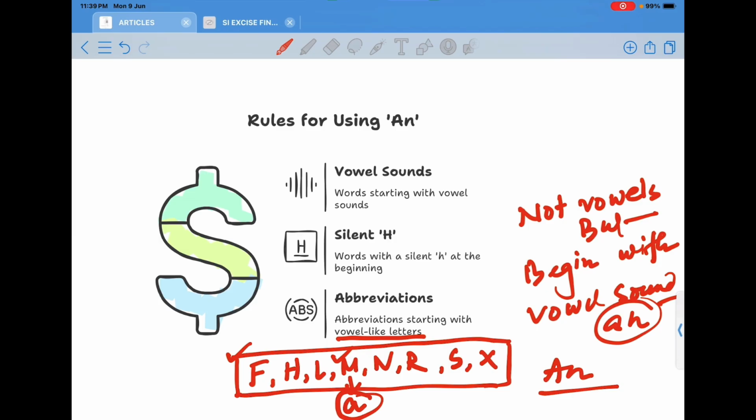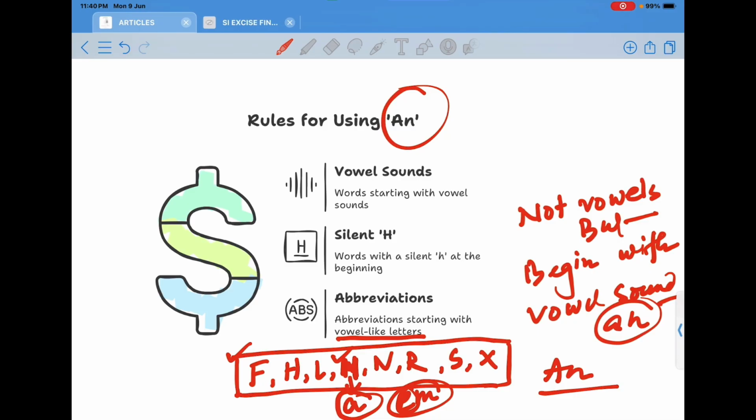For example, when you will pronounce M, the sound of em is coming, actually em, right? So this e is basically a vowel, so that is why an will be used here.